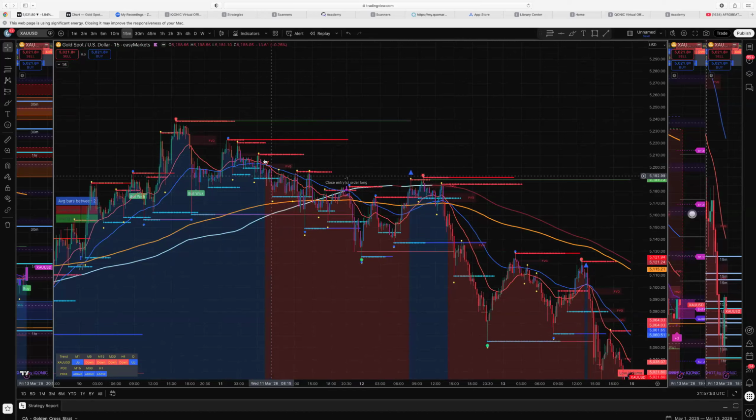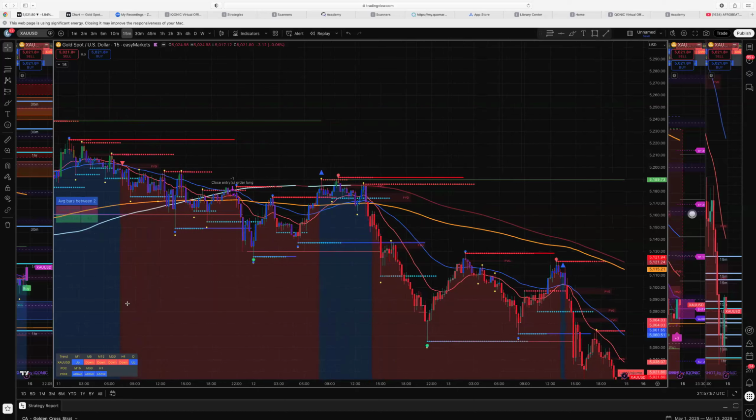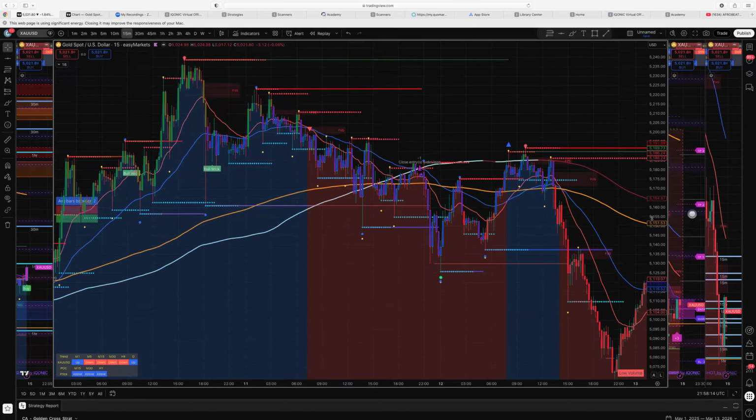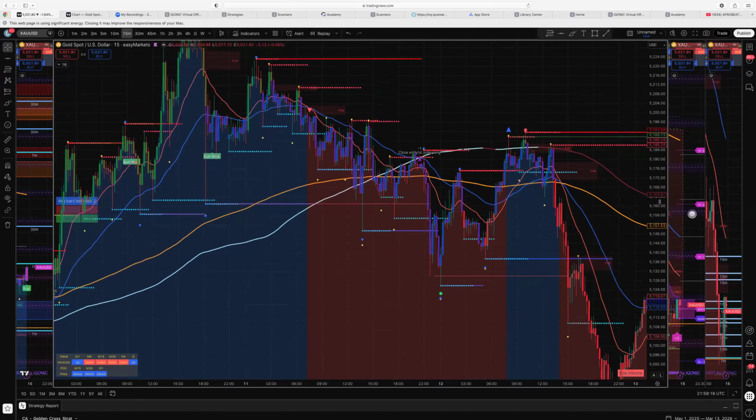I mean, look here, for example, this trade. Okay, we could have got into that trade, but then look, it pulls back up here, which is fine. Hang on, let's do that a little bit.